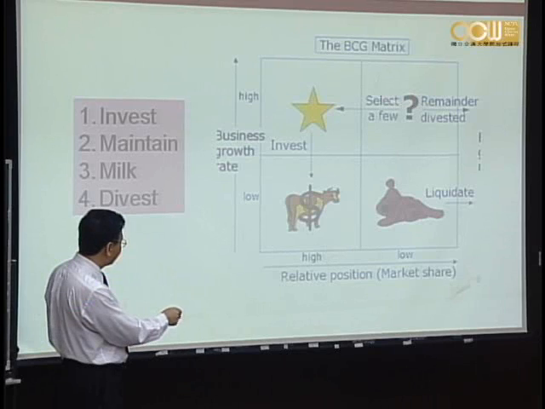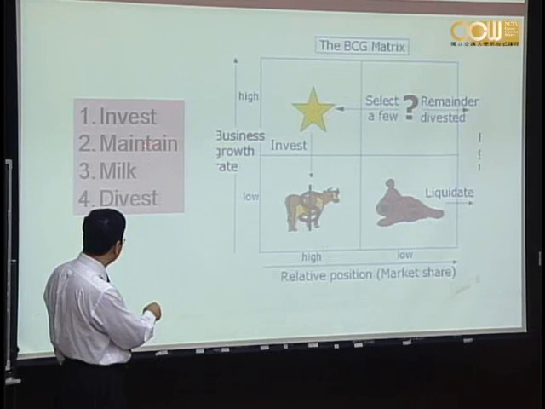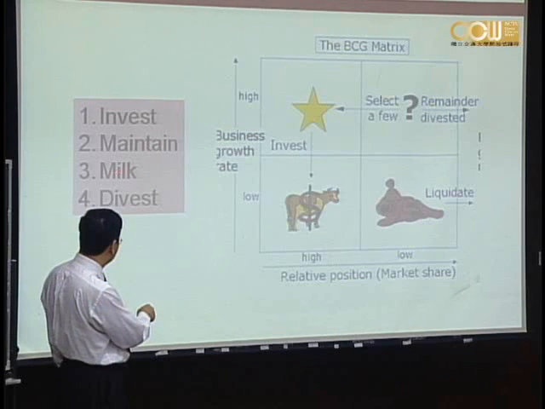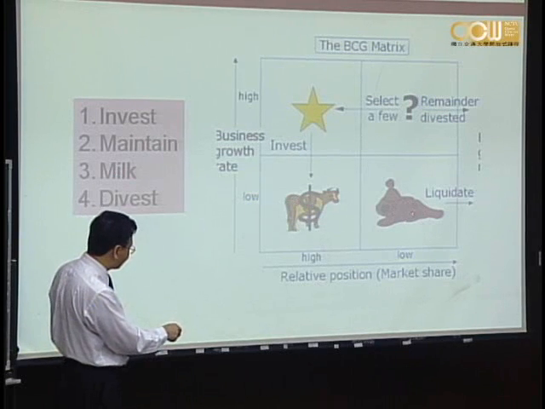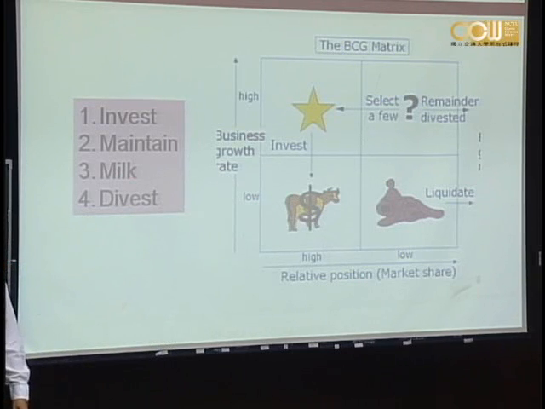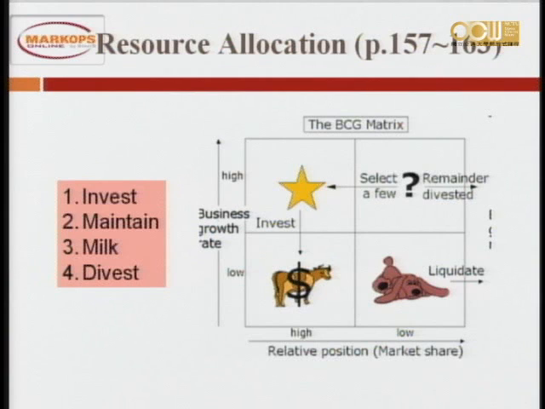So primary one, secondary one. Then maintain is this one and also this one. We have to maintain their market share. Milk is this one and somehow this one as well. Divest this one and this one. So this is talking about the different stages of the product, and you have different investments to allocate to different products.